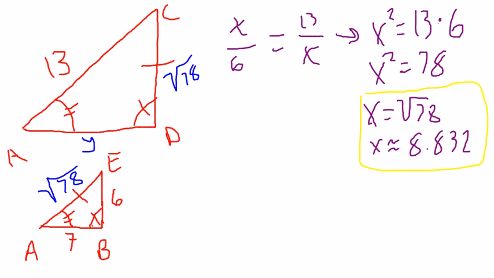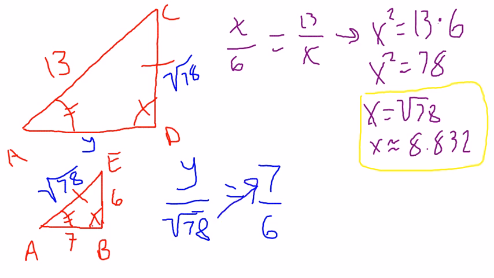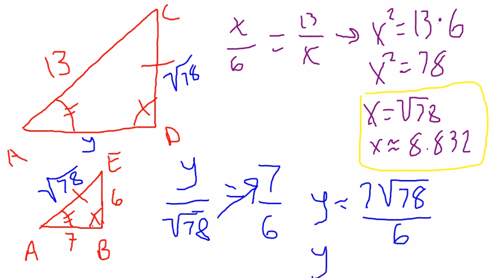It's up to you. But now I'm going to set up the proportion Y over square root of 78 equals 7 over 6. And I'm going to simplify that by multiplying by the square root of 78 on both sides to get Y equals 7 times the square root of 78, all divided by 6, which you can put in your calculator, and you will find that your answer is 10.3037, and so on.